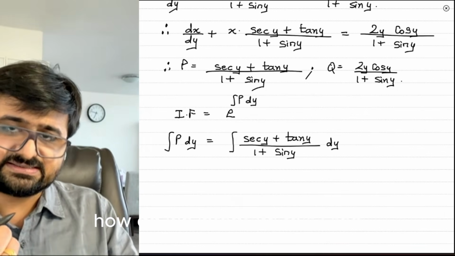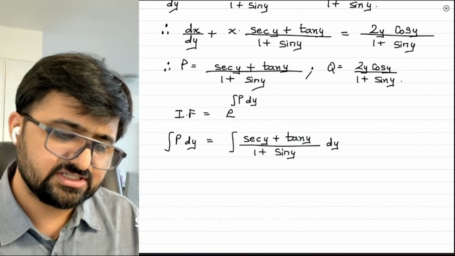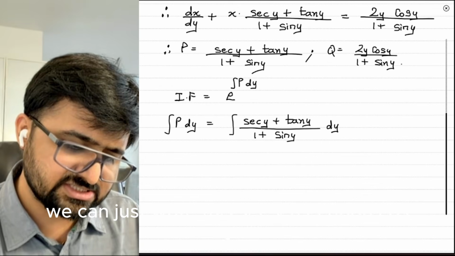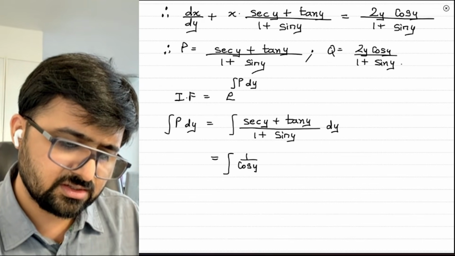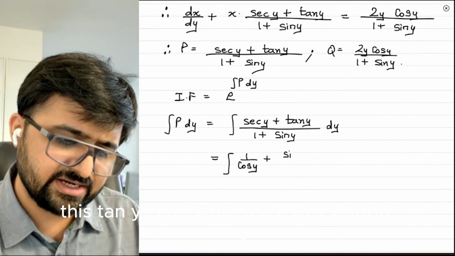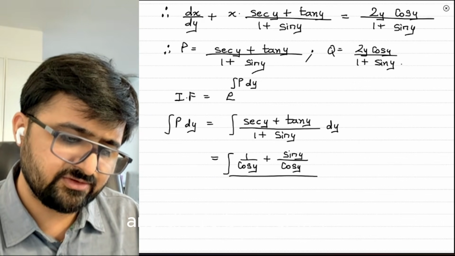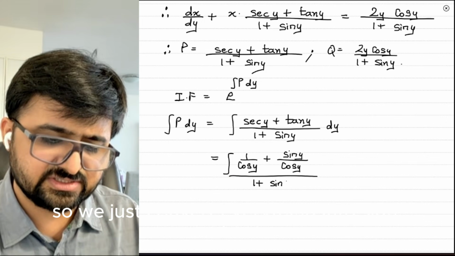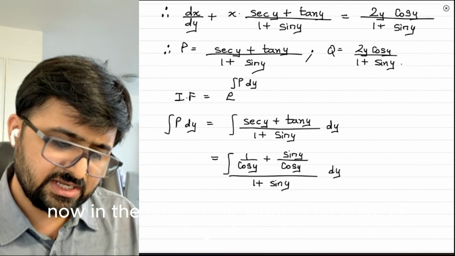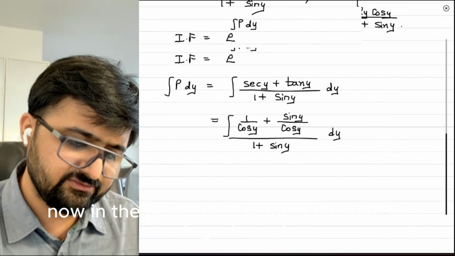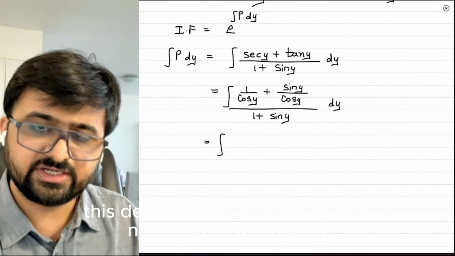How do we integrate this? The best approach that I can see is to convert everything into sin and cos. So I can write sec y as 1 upon cos y, and tan y as sin y upon cos y, all divided by 1 plus sin y. In the numerator the denominators are the same, so the numerators get added.